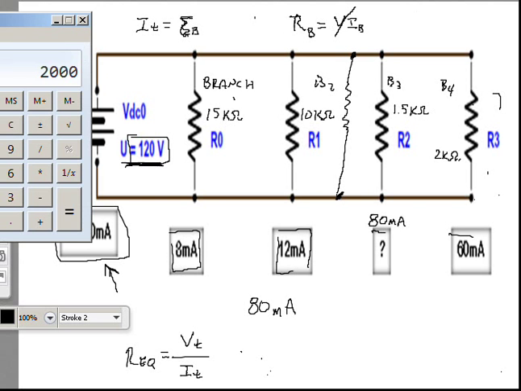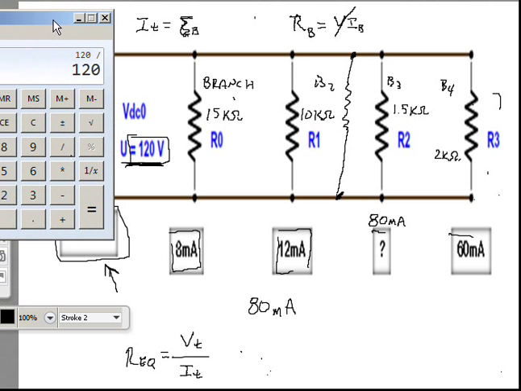A lot of people make that mistake where they're talking about a total, but they calculate off of an individual branch, and they get all kinds of messed up that way. So total voltage is 120 volts. Total current is 160 milliamps.